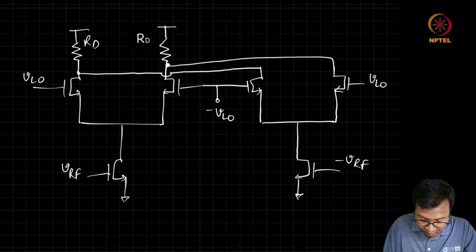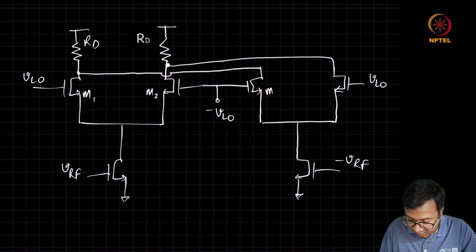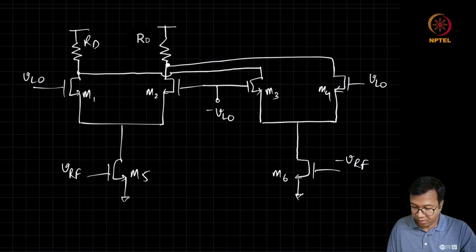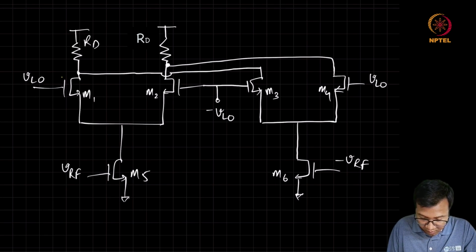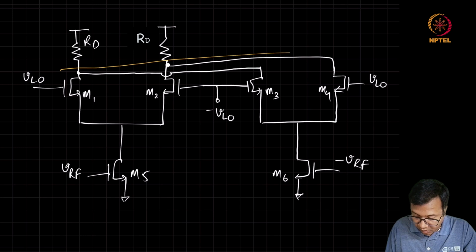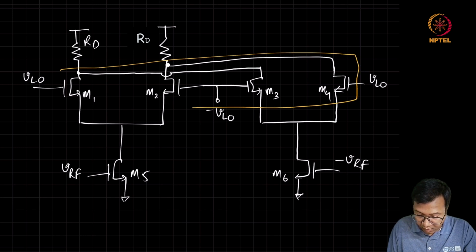These are your switching quad, 1, 2, 3, 4, 5, 6.